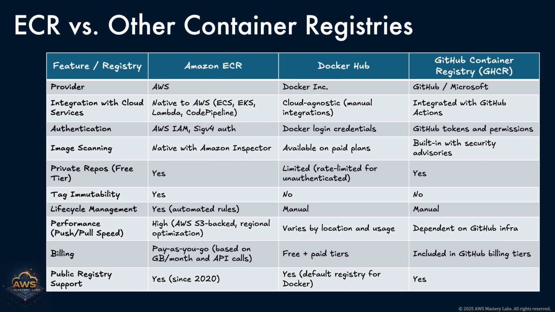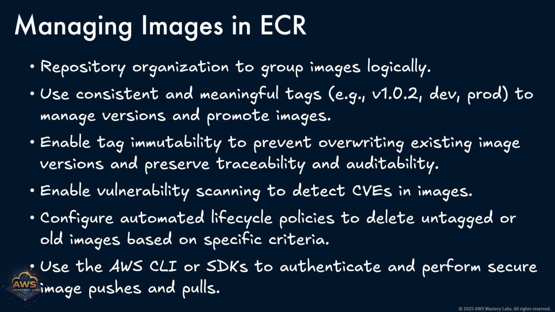While Docker Hub and GHCR are performant, their speeds can vary depending on region, load, and connectivity. In short, Amazon ECR is the best fit when you're building containerized applications inside AWS. Docker Hub is ideal for broader community sharing and simple workflows, while GHCR excels if your code and CI/CD processes live primarily within GitHub.